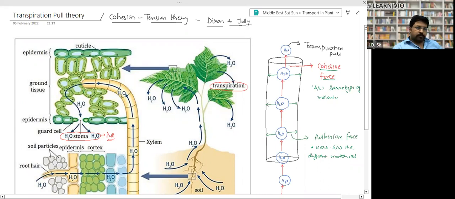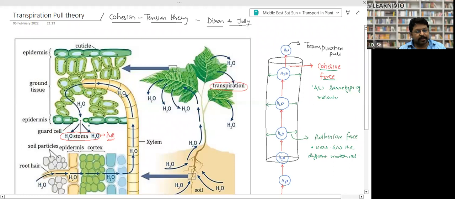Look, this is the leaf structure. This is the upper epidermis. These are the guard tissues, these are the parenchyma tissues, and this is the guard cell, right? The water is coming out in the form of water vapor, so a pulling force is created at the mouth of the stomata.